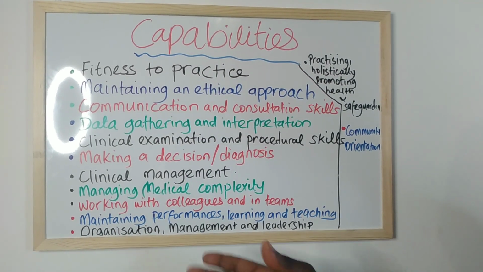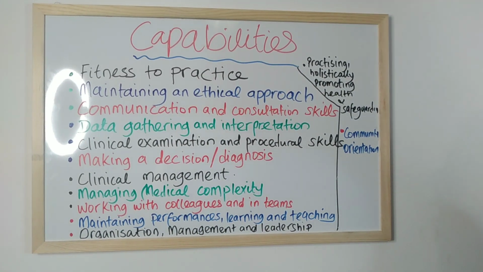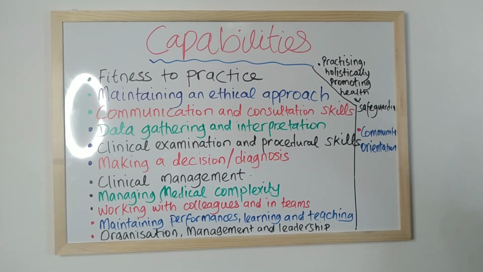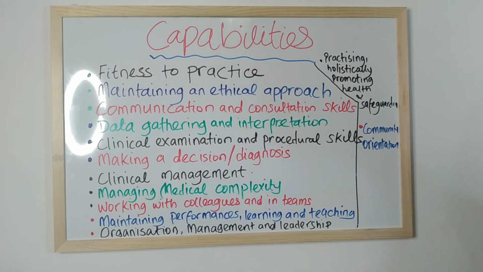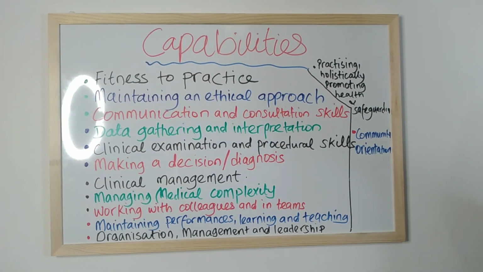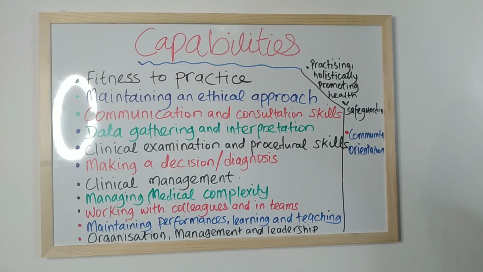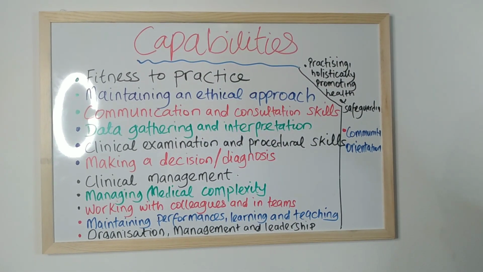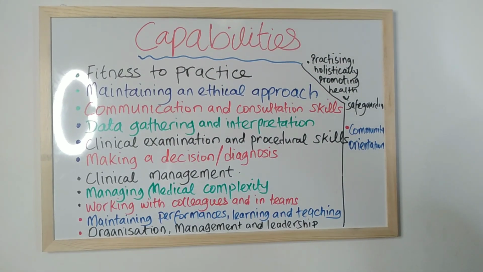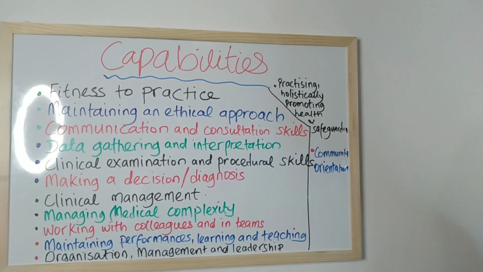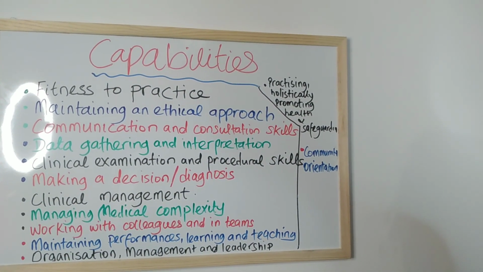Organization, management and leadership. So if you were a chair of a group, or you went to a course and you were able to organize the team, and you did a presentation, for example, that is somewhere you can put it in. Or if there was an audit and you were the lead or the champion of that, you could put it there as well.